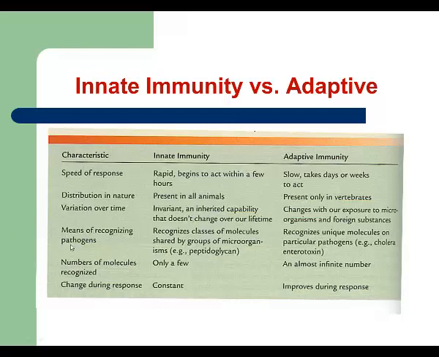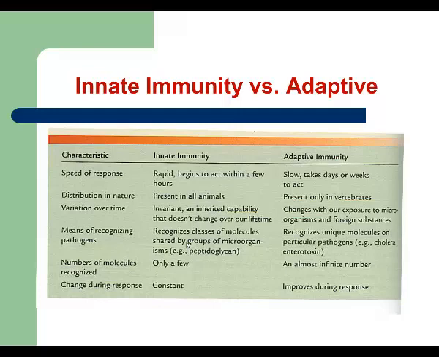The next characteristic, means of recognizing pathogens. Innate immunity recognizes only common molecules on the pathogens. For example, peptidoglycan on bacterial cell walls, or LPS on the surface of the outer membrane of gram-negative bacteria, or chitin in fungi.